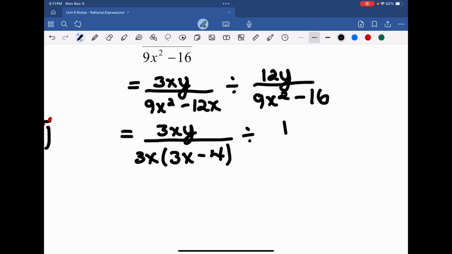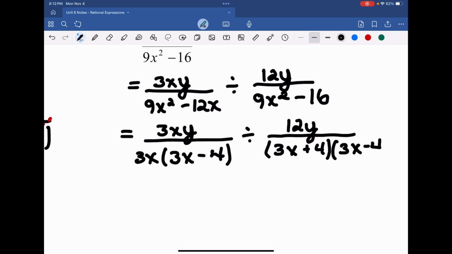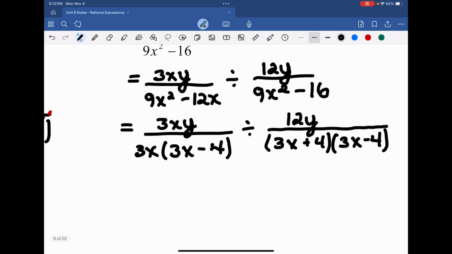Now I'm going to keep this as divided by, just for a second, 12y. In the denominator of this one, we're going to write it as 3x plus 4, and then 3x minus 4, because we recognize it as a difference of squares.